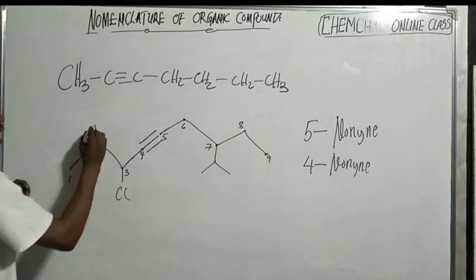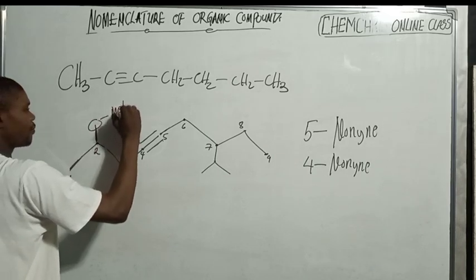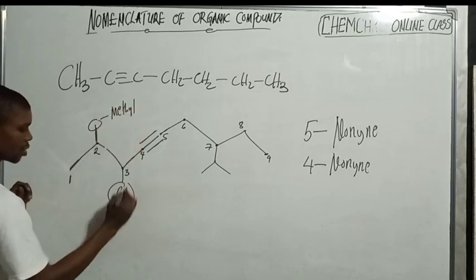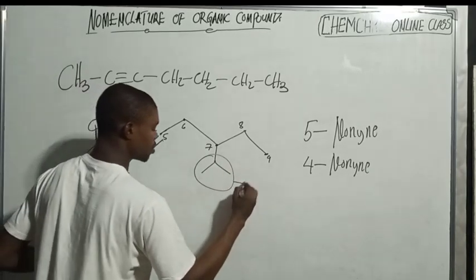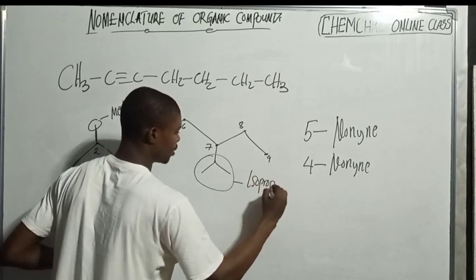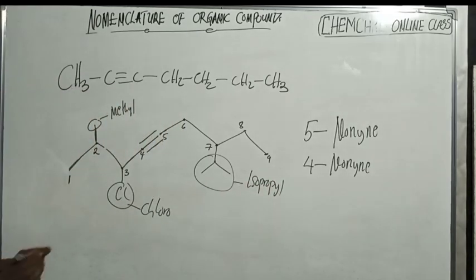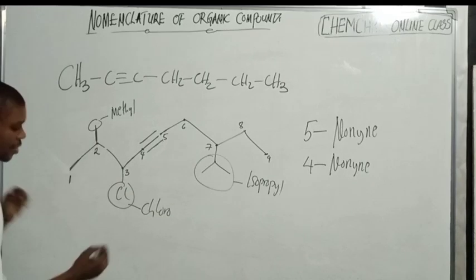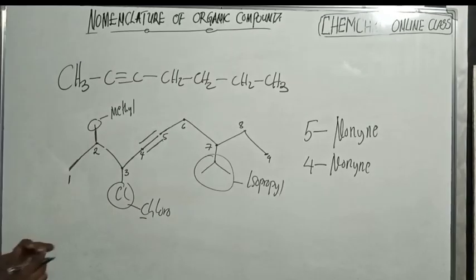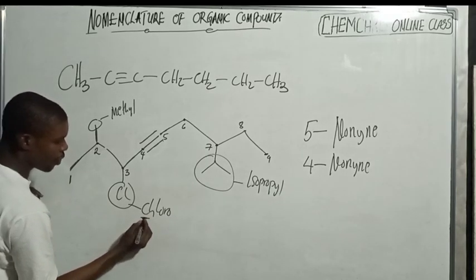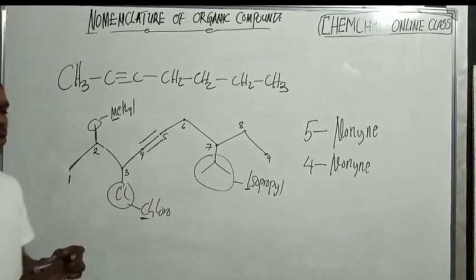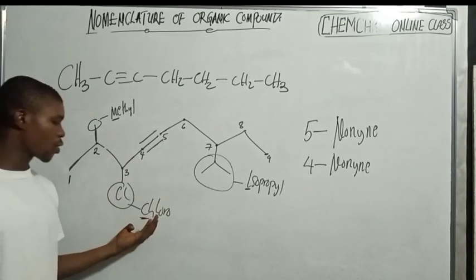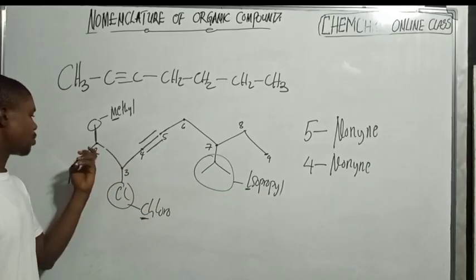Now, here we have a methyl substituent, here a chloro substituent, and here an isopropyl. Can you see that? In alphabetical order, C comes before I, and I comes before M. So chloro, isopropyl, and methyl.